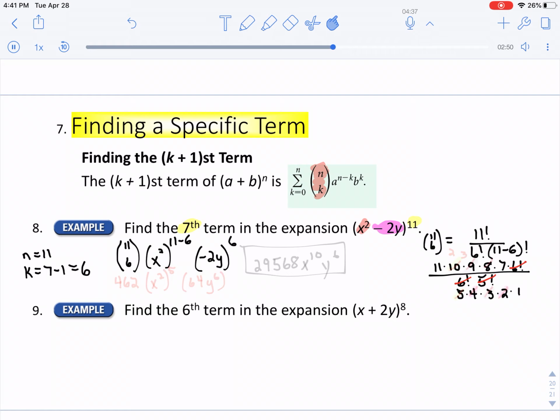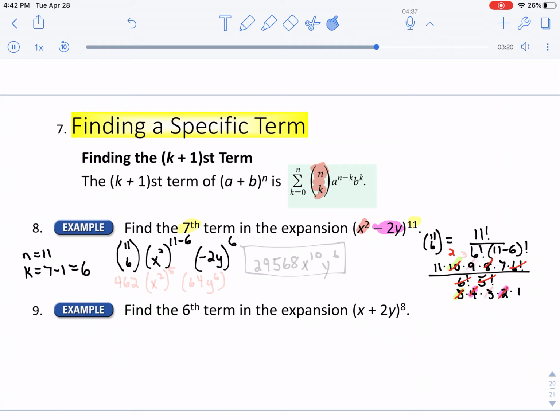Now let me start with the 4 times the 2. 4 times 2 is 8, so those will reduce with this 8. That 8 is gone, and that 4 and that 2 are gone. Now the 5 and the 10 will reduce. This 5 is gone, and this 10 becomes a 2, because 5 times 2 is 10.